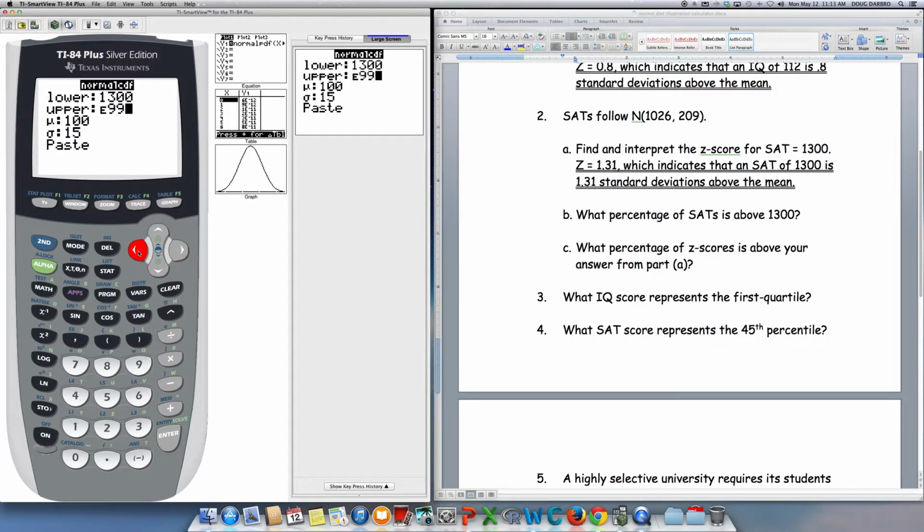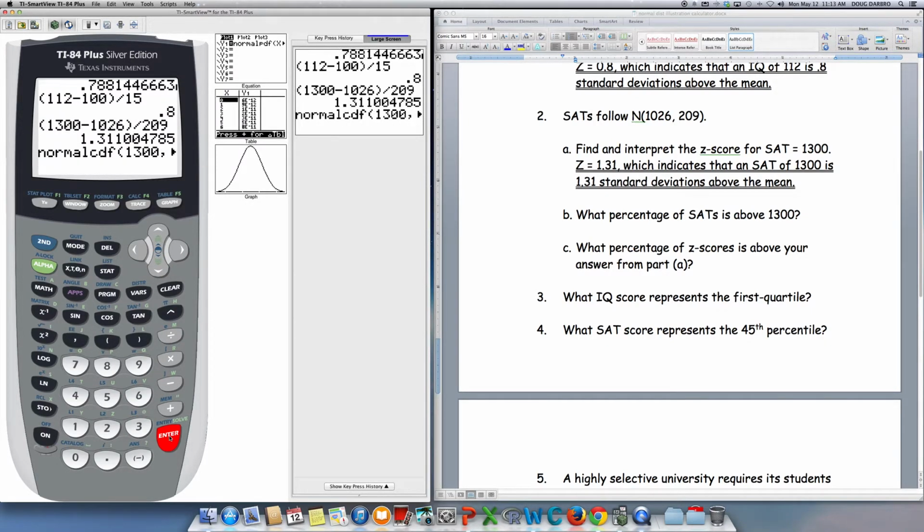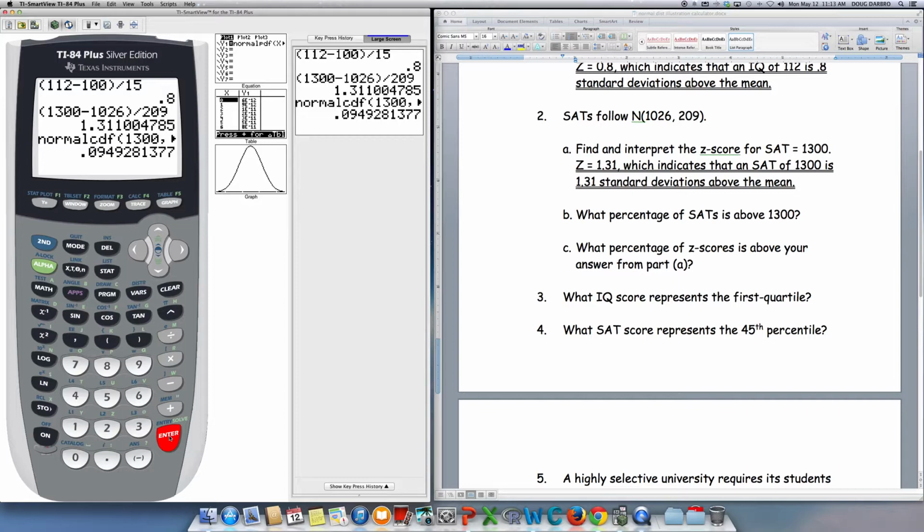Well, I have no idea what happened there. Mean of 1026 and standard deviation 209. So guys, the percentage here would be 9.5%.